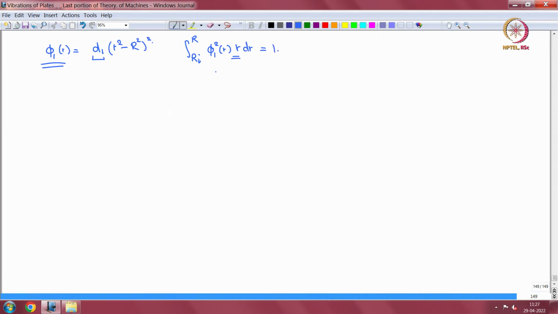Okay. Then what do we do? We take this phi 1 r, and then divide by the square root of the integral of phi 1 square of r dr to the power half.